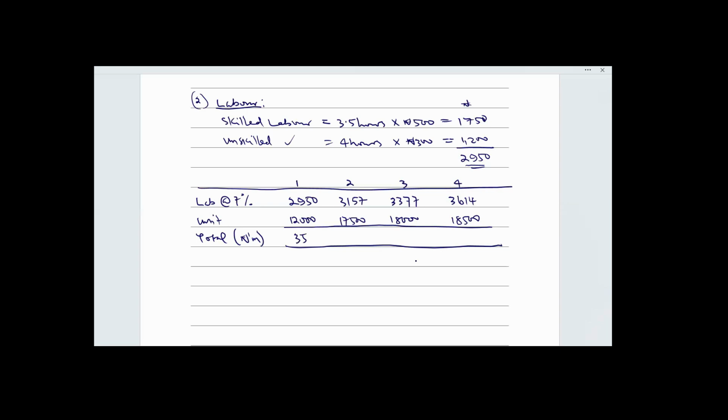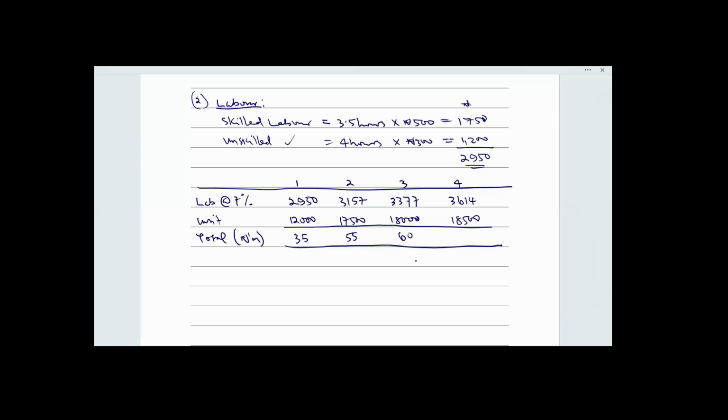Next one, year 3. Let's say 60, 55... Remember, examiner said our number should be to the nearest million.